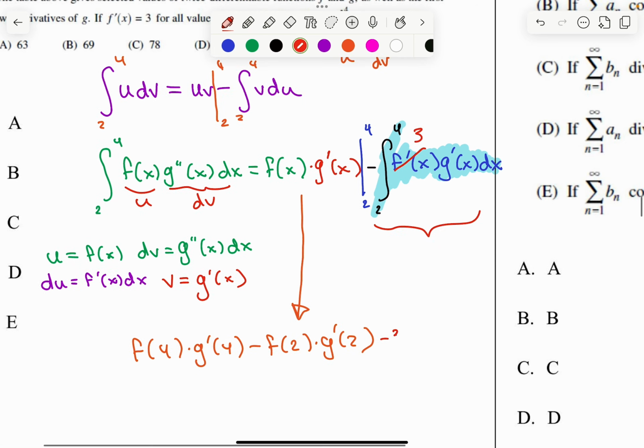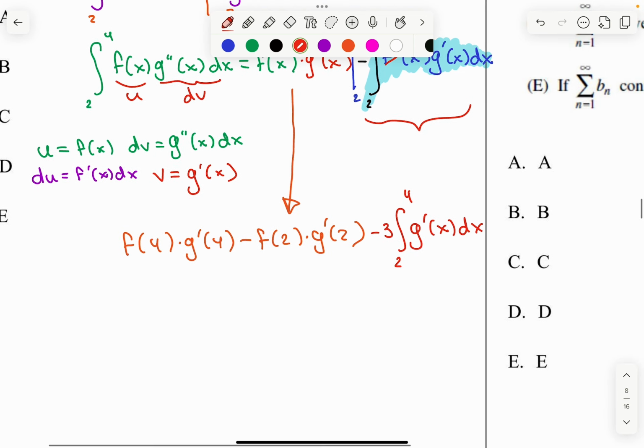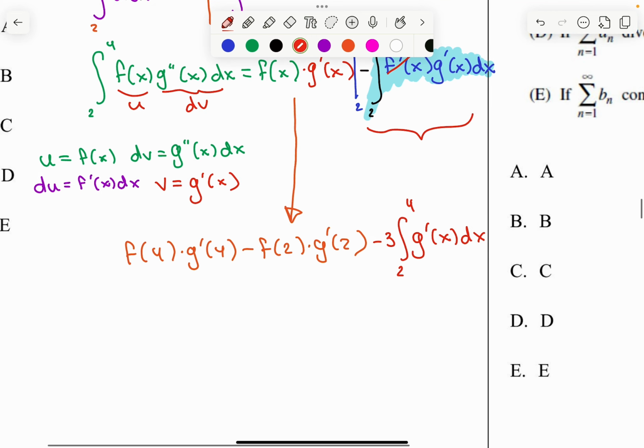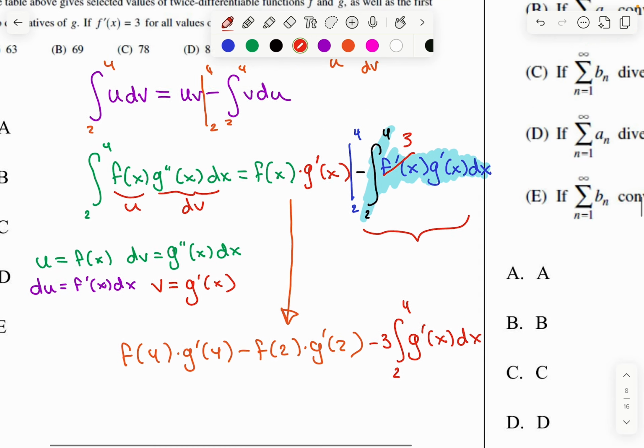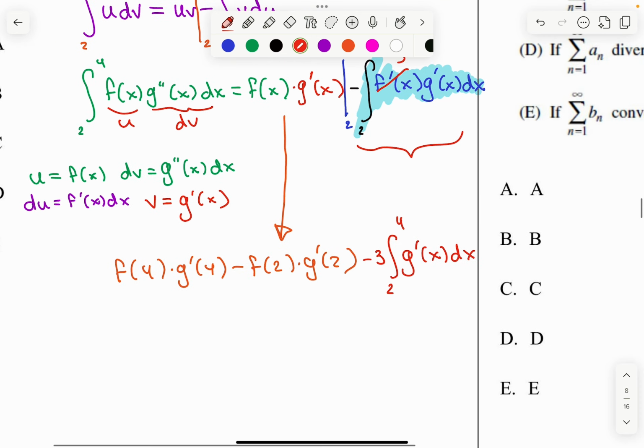So it's minus 3 times the integral from 2 to 4 of g prime. So we'll clean everything up and then go look at the table. Actually, why don't I look at the table first to get those values? The antiderivative of g prime is just g, so the table is going to eventually give us all our info.